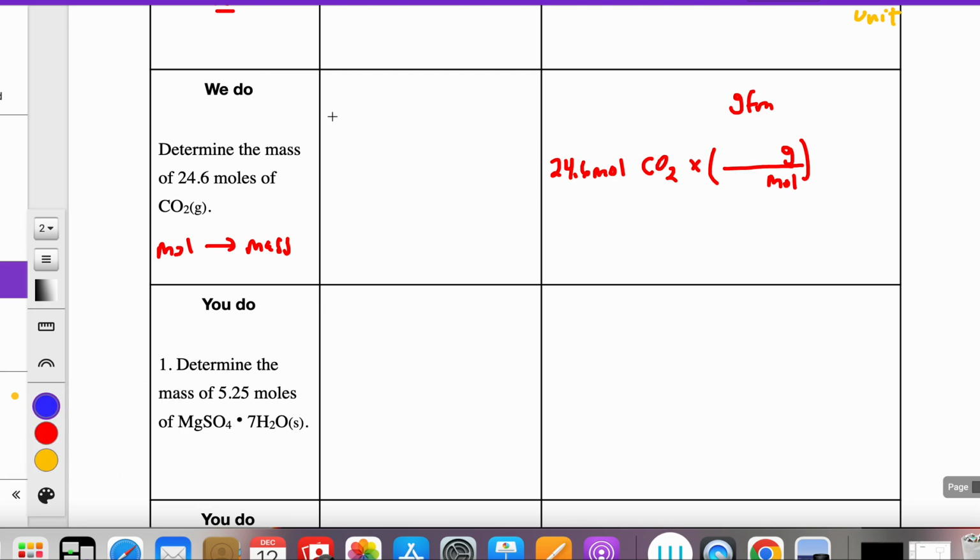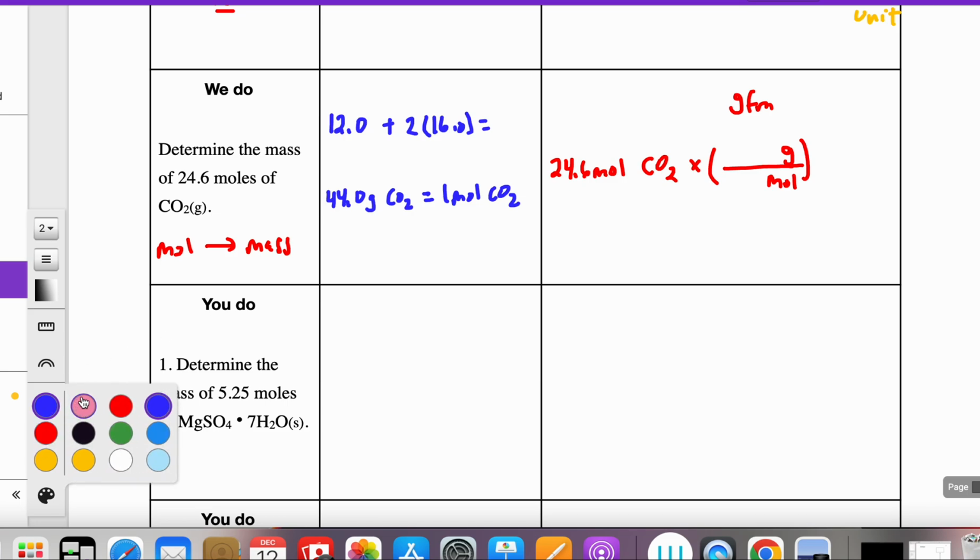So I have 1 carbon, which contributes 12.0 grams, plus, now this is carbon dioxide, so there are 2 oxygens, each one contributes a mass of 16. So when I put this into the calculator, 44.0 grams of carbon dioxide are present in 1 mole of carbon dioxide.